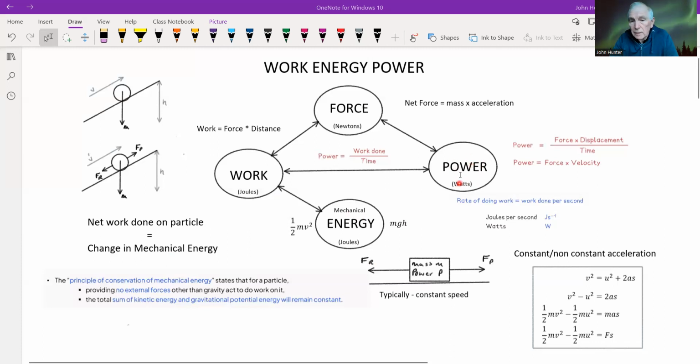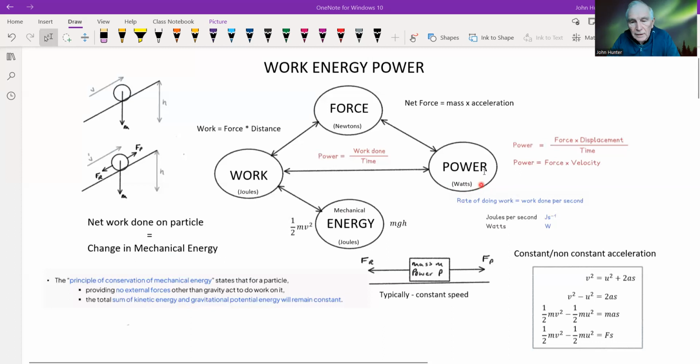Okay, so that's a very common form. You probably know that car engines are quoted in kilowatts, as well as brake horsepower. It's a different unit system, but you'll see the power quoted in kilowatts. It'd be an interesting exercise just to go away and look up a few of those, and then you might be able to work out some facts as to possibly how fast they can go.